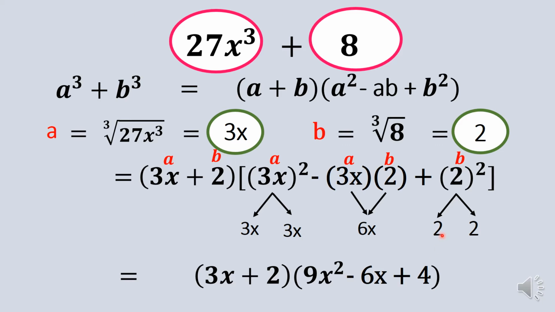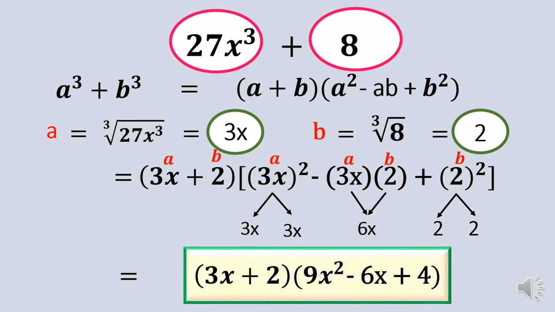Then multiply 2 times 2, which is 4. Therefore, the factored form of 27x cubed plus 8 is the quantity 3x plus 2 times 9x squared minus 6x plus 4. This is our final answer. Okay, so let's have a second example for you to understand better.